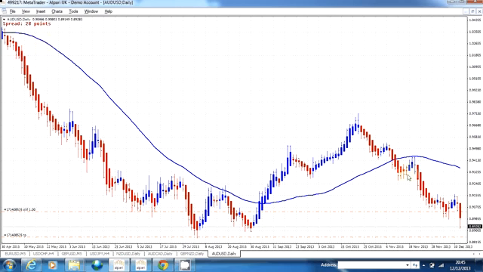So now what are the chances you have? One, you have a chance of coming in after this red candle, or you have a chance of coming back in after this red candle. Today's date is the 11th of December 2013.